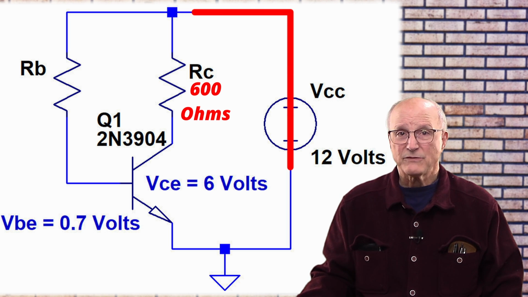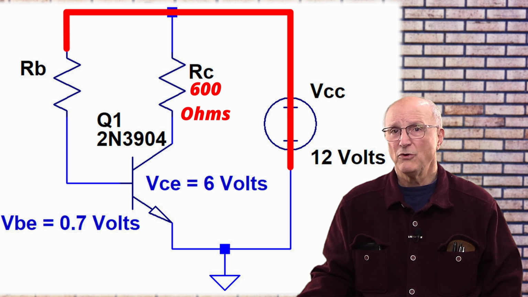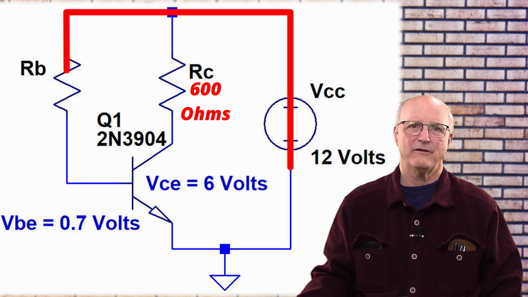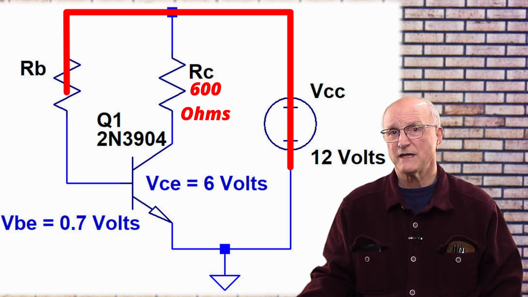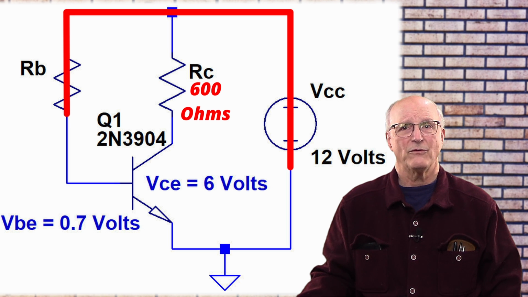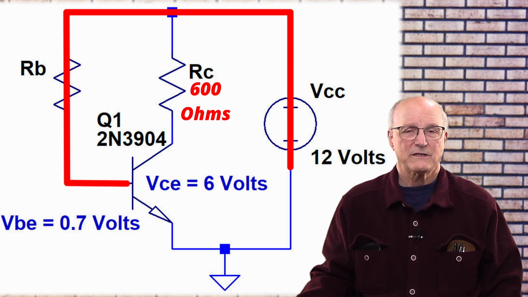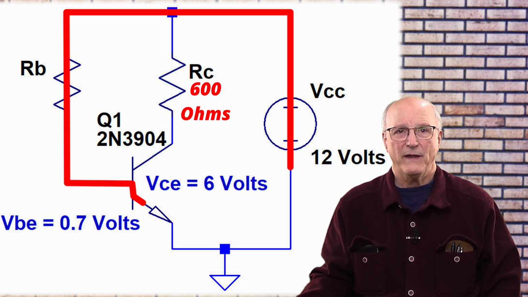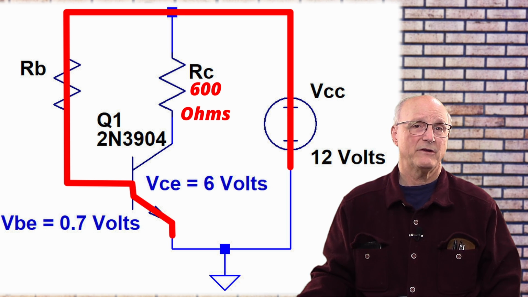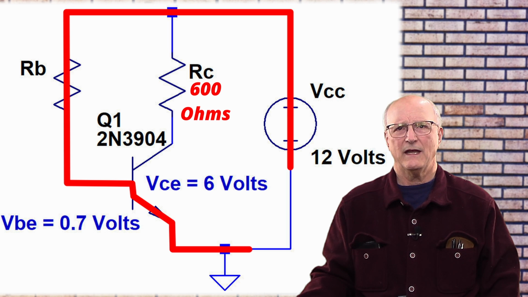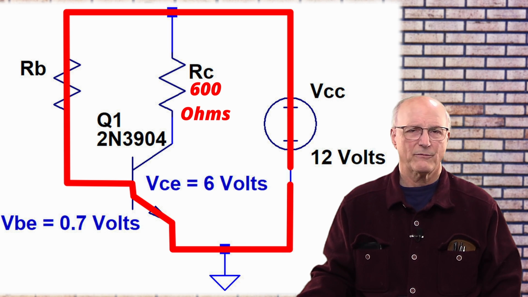We come to the base resistor and we begin to move away from the positive side of the power supply toward the negative side. So this is a voltage drop across the resistor. It is a negative change in voltage. We come to the base of the transistor. Moving from the base of the transistor toward the emitter, we arrive once again at the power supply's negative terminal.